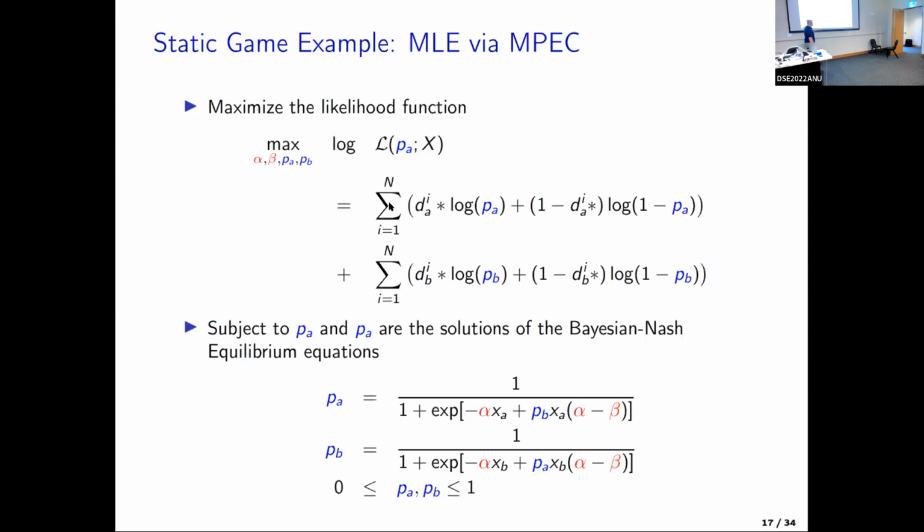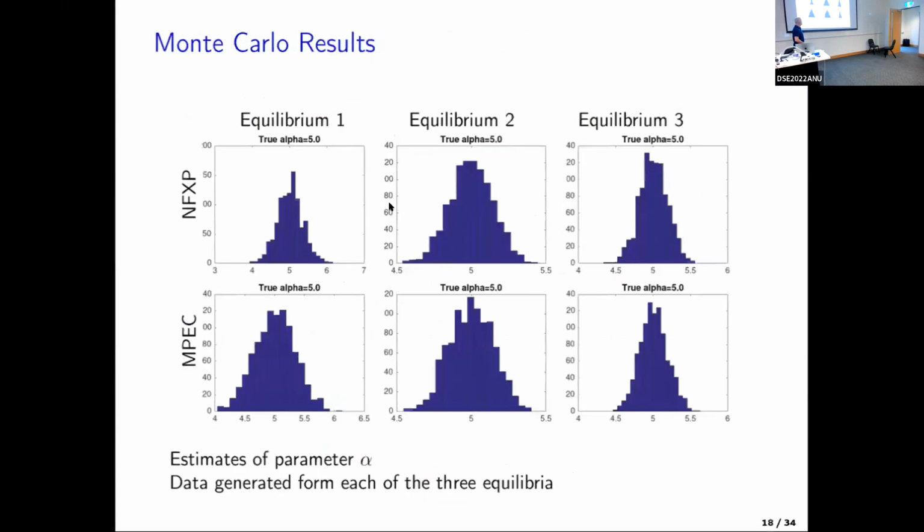Okay, and we may want to put some bounds on the probabilities, naturally on the unit interval. We can throw that into our constrained optimization solver.